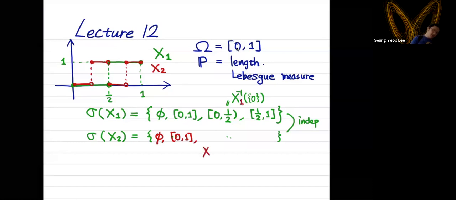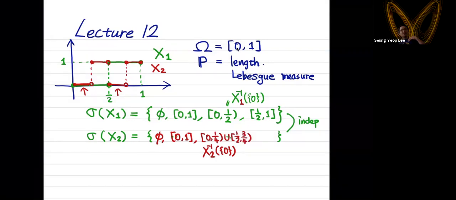But for example, x2 preimage of set 0 was these two parts, right? So this is 0 to 1/4 union 1/2 to 3/4. That's exactly the value that maps to 0 by x2, which means exactly the preimage of the 0 set by x2.